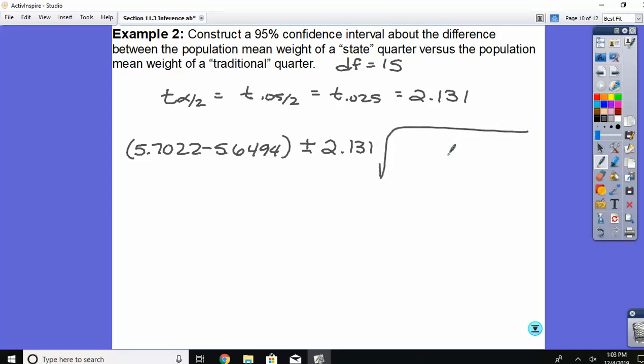times the square root of the standard deviation of the first squared over n of the first, so this is really kind of like our t statistic. 0.049. What was it? 6.02.